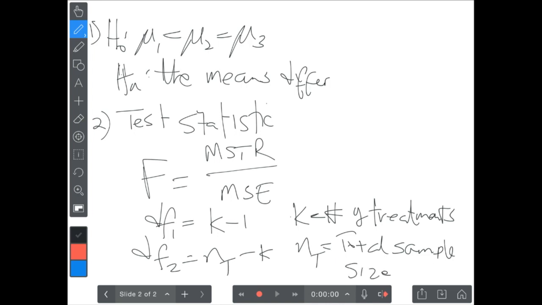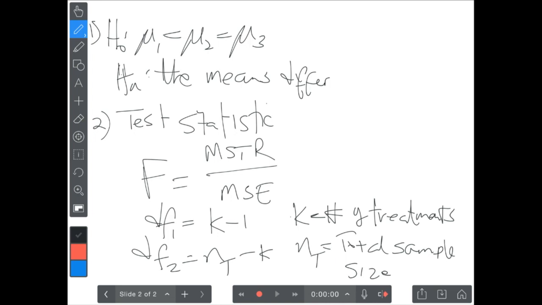That's all of the values that you have across all of your different samples. It's kind of like adding up n minus 1 plus n minus 1 plus n minus 1. So in this case, n1 minus 1 plus n2 minus 1 plus n3 minus 1. Well, n1 plus n2 plus n3 gives us the total, which is NT, and the minus 1 plus minus 1 plus minus 1 gives us the k. So in other words, there's 1 for each treatment. And so it becomes NT minus k, because we're looking at the variation within the different samples.